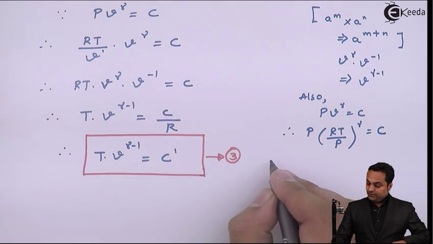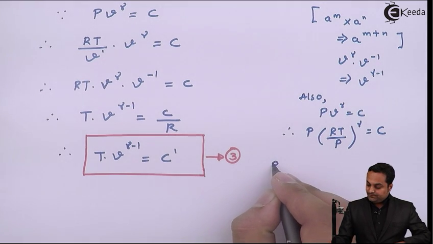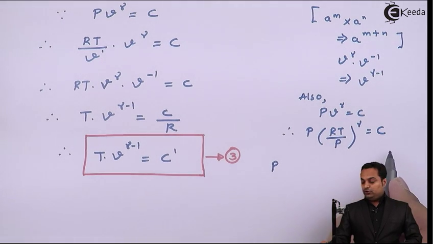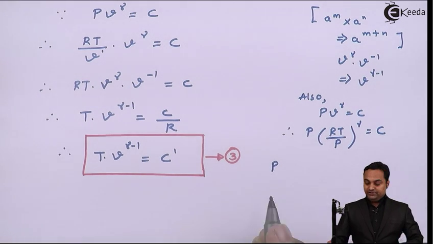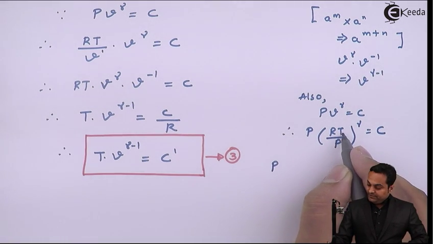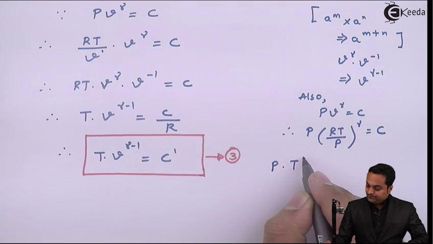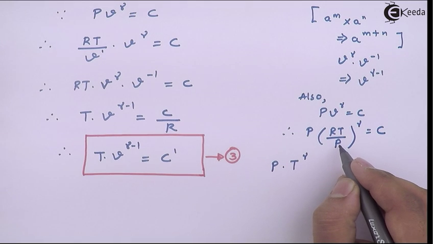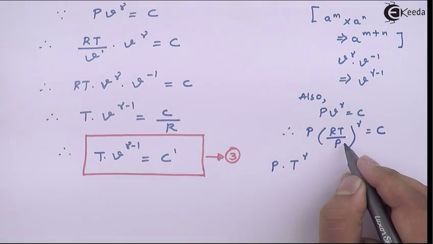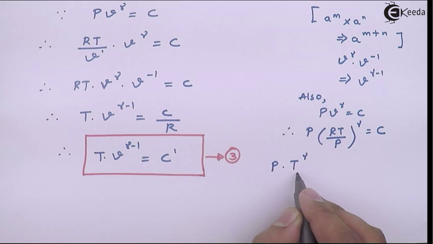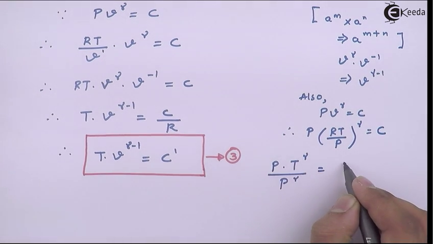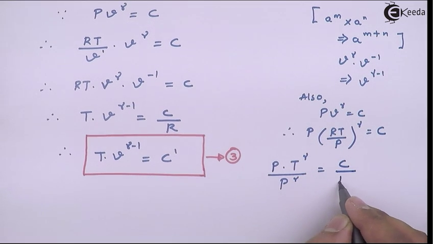Next here P will remain as it is. Then even R, if I send it onto the right hand side, that will be C upon R, giving rise to another constant, and here this will be P T raised to gamma. Next here I am having P which will be raised to gamma, it is in the denominator, so this will be P raised to gamma is equal to C upon R.